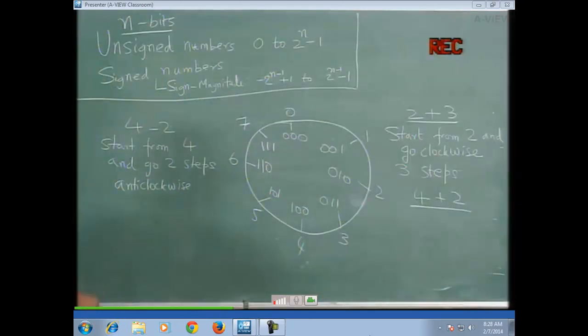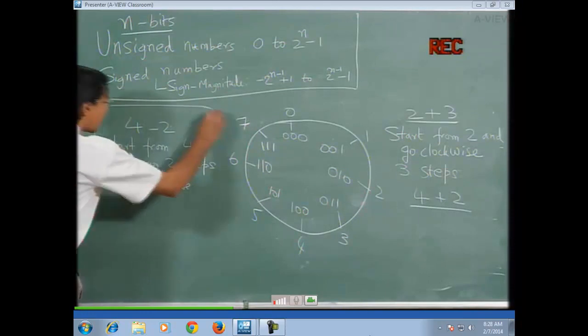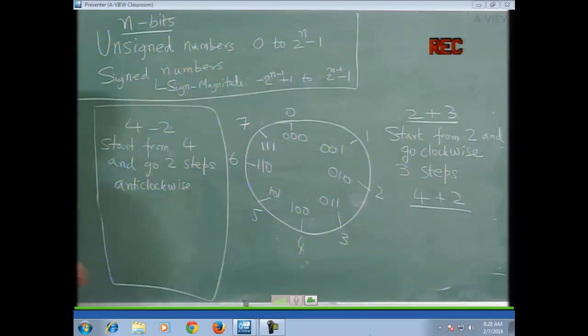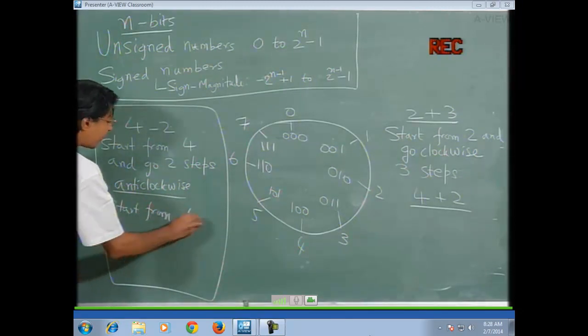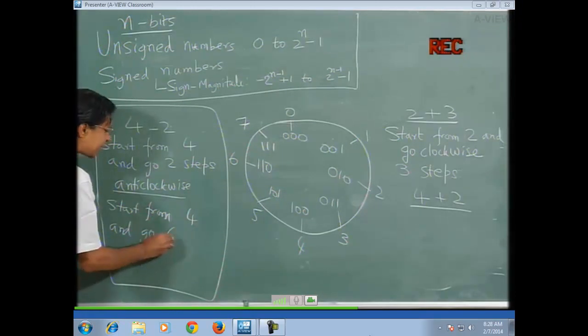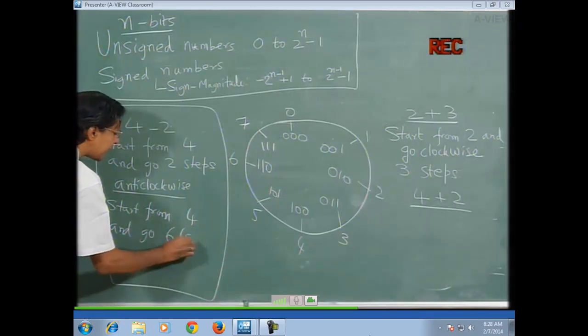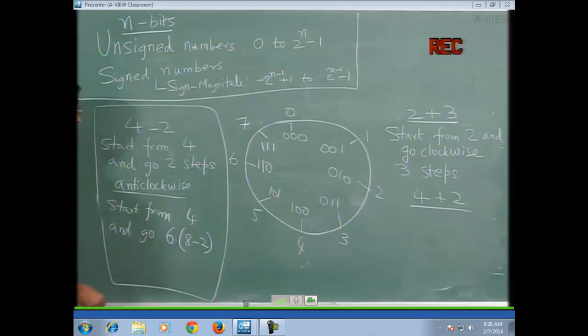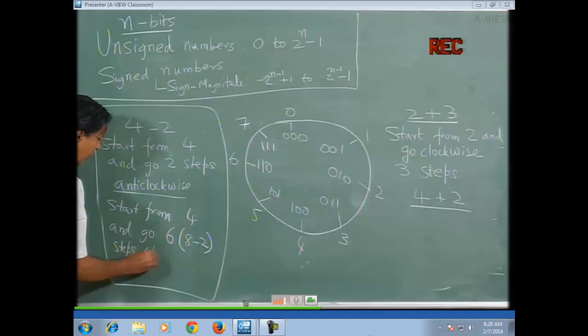Right? So this 4 minus 2 can be realized as start from 4 and go 6 steps. This 6 is realized as 8 minus 2. 6 steps clockwise.